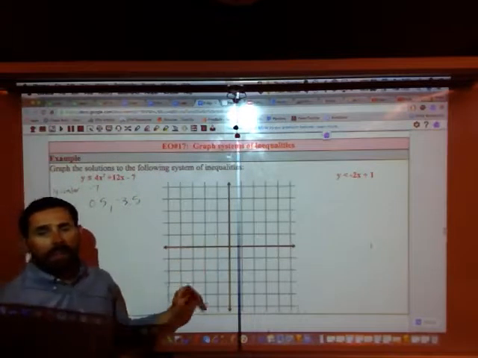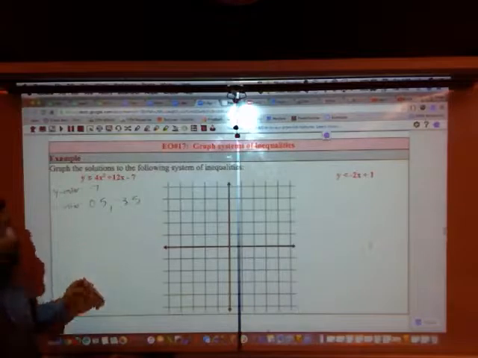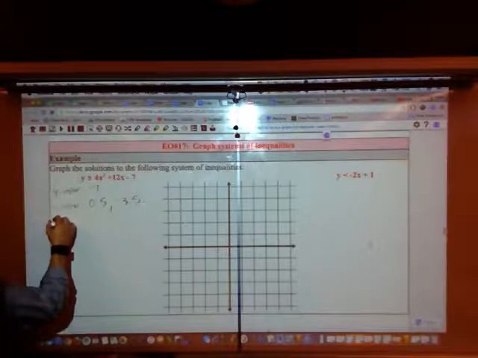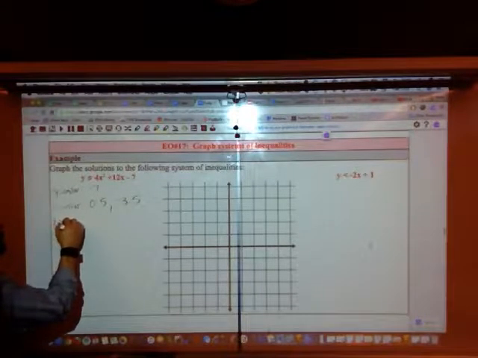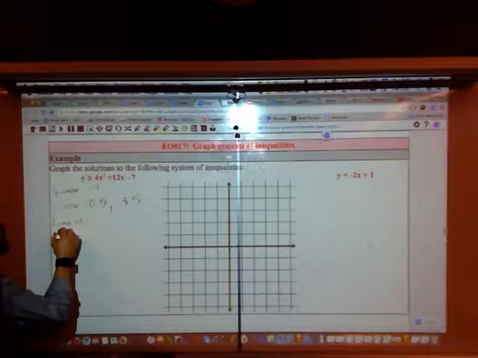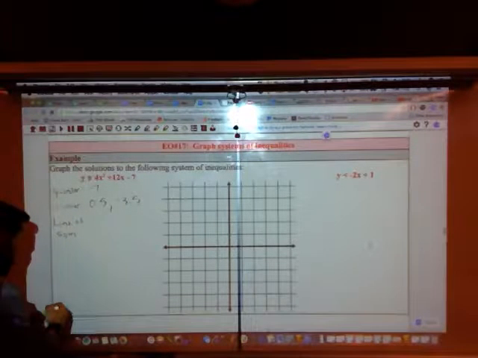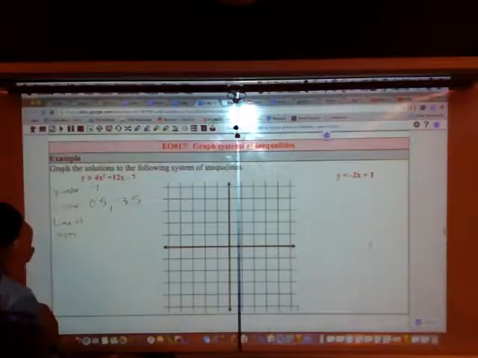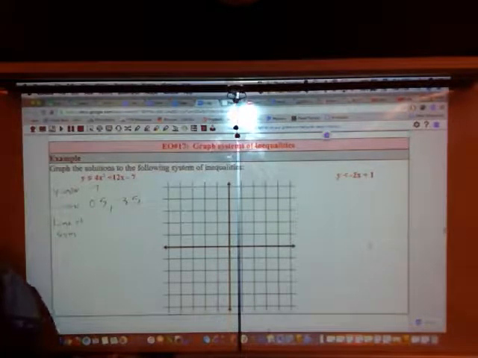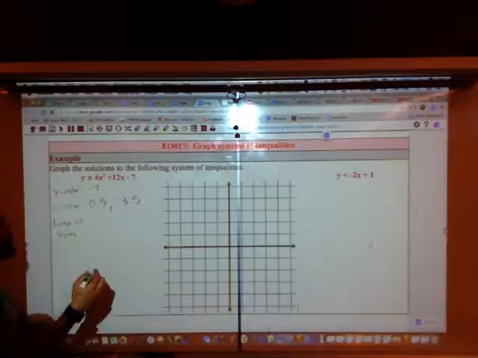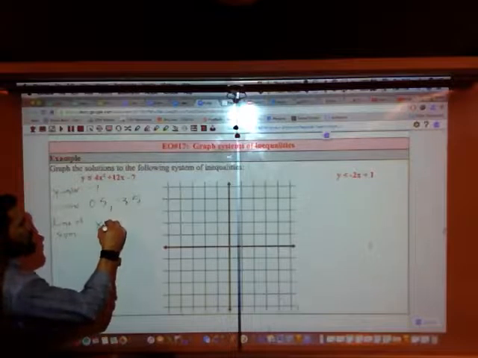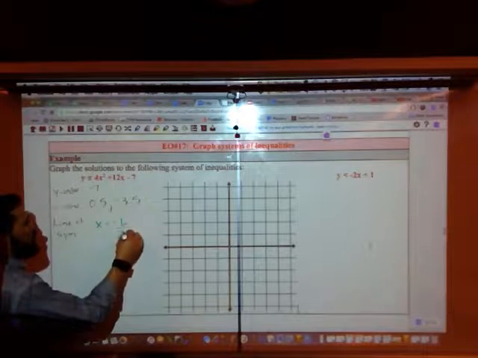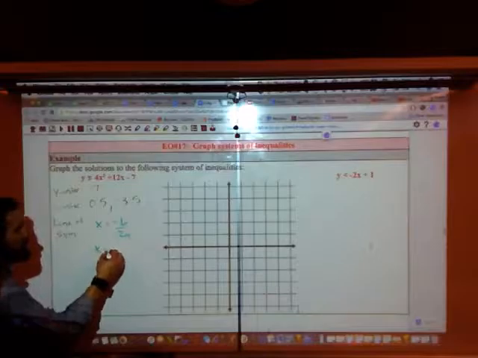I'm not going to draw anything yet because I don't know what my scale is going to be until I know these critical points. The line of symmetry is going to be solved by doing negative b over 2a. Sorry, the opposite of b is how I like to say it.